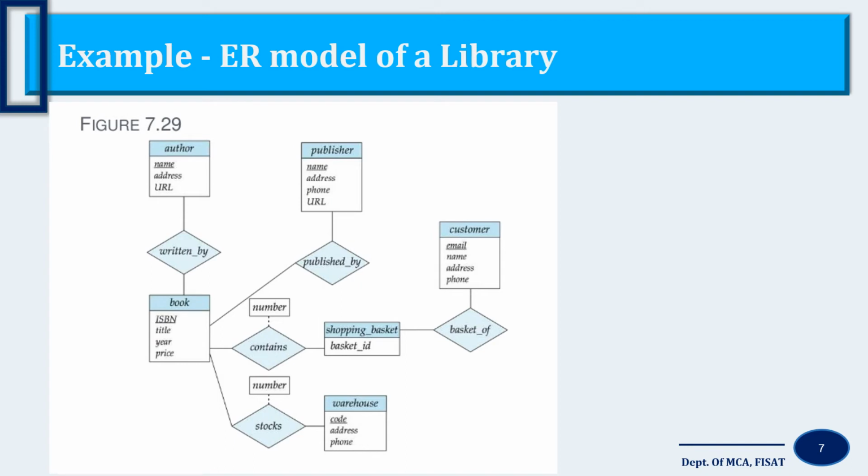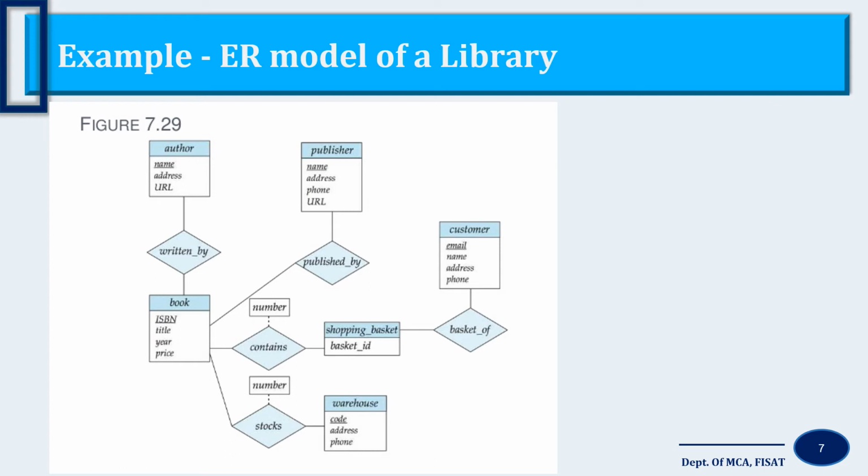This is the ER model for a library database. From the figure, we can identify that the various entities are author, publisher, book, shopping basket, customer, and warehouse, and the various relationships represented using diamonds are written by, published by, contains, basket of, and stocks, right?